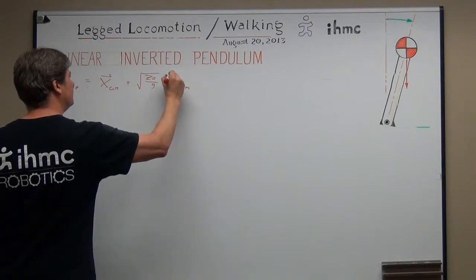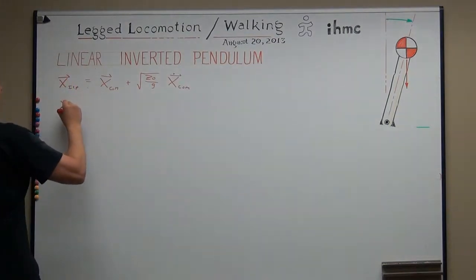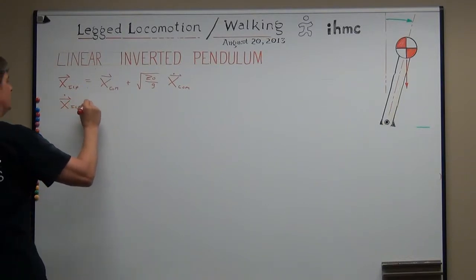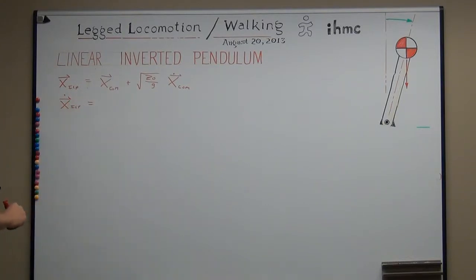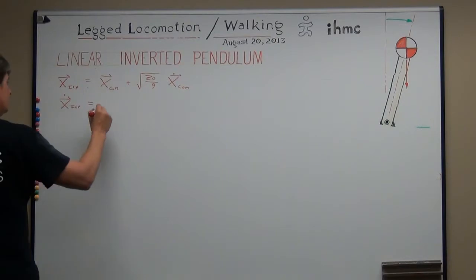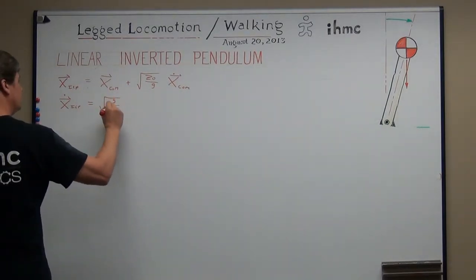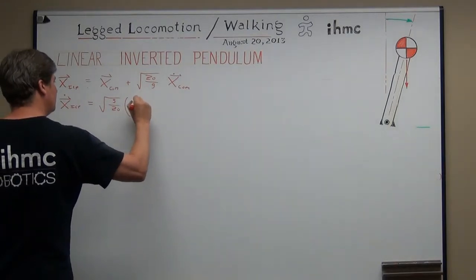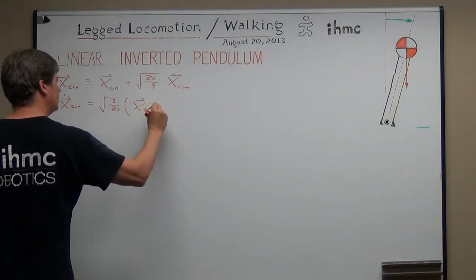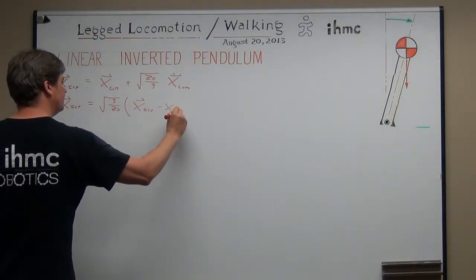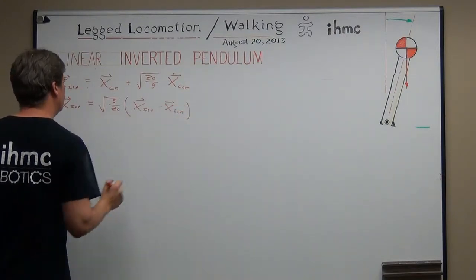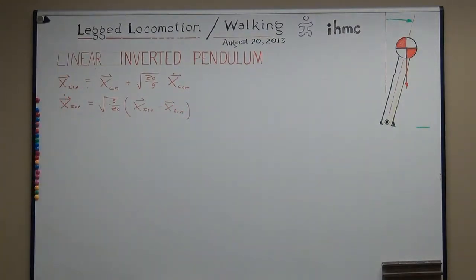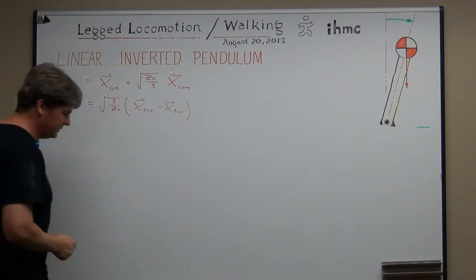And then the derivative of that point is going to be square root of g over z naught times the difference. So now that's all we need to think about, these two equations.